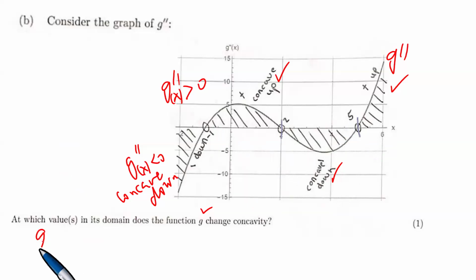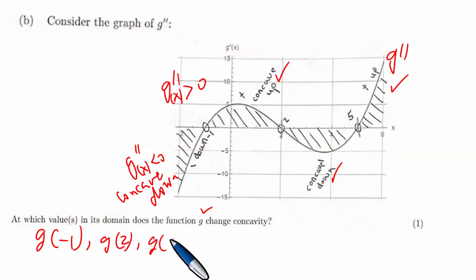For instance, we can see at G of -1, at G of 2, and at G of 5.